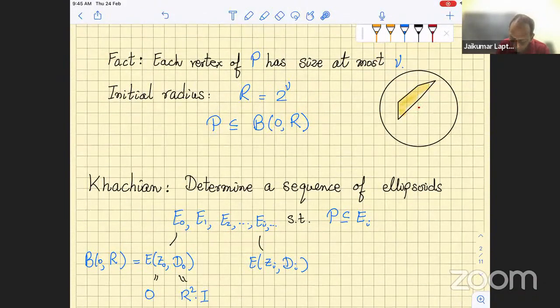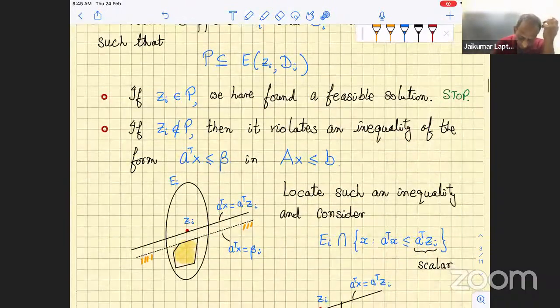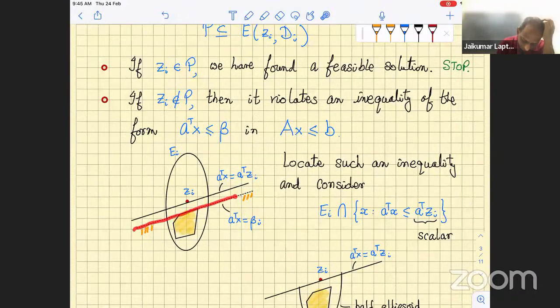In each step, we take the center of the current ellipse and we ask, is this center feasible? If it is feasible, we are done. If it is not feasible, we ask why, and somebody points to a hyperplane which separates your center from the polyhedron.